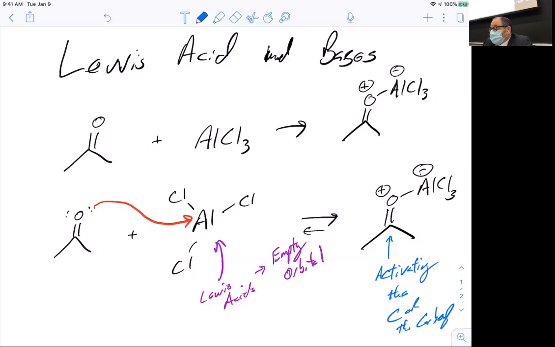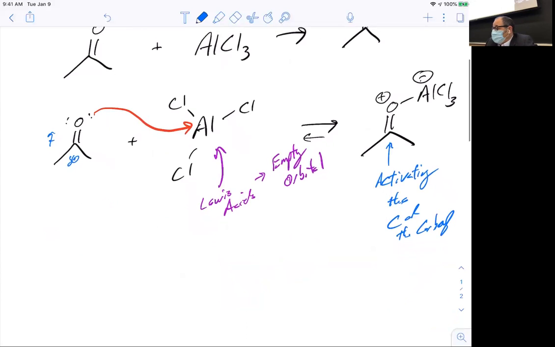Right, because we've taken that electron density away from the oxygen, even though there's a dipole moment over here with a partial positive, I've increased that partial positive in the second. You'll see this more in organic too, but it's important to understand why you would use a Lewis acid.